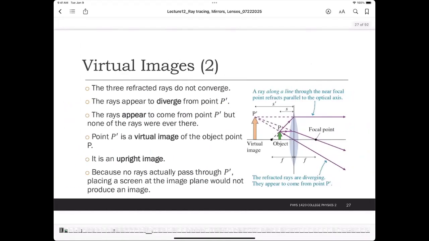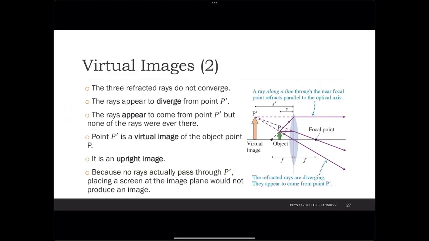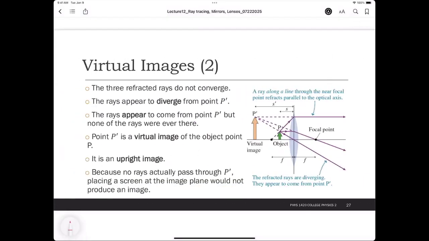And the three refracted rays do not converge. You can see these three refracted rays, this one and this one and this one.